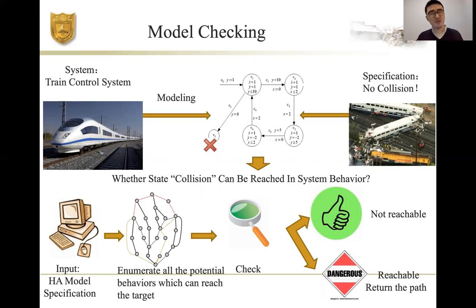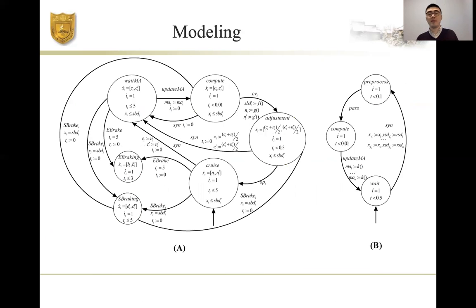Then, is that true? Not really. Okay, here is a model we build for the systems. The A part is about the train control systems. The B part is about the ZC, right? We have the first train waiting for the movement authority, then it does the computation after it syncs with ZC by updating MA. It reads MA. Then it does the computation.